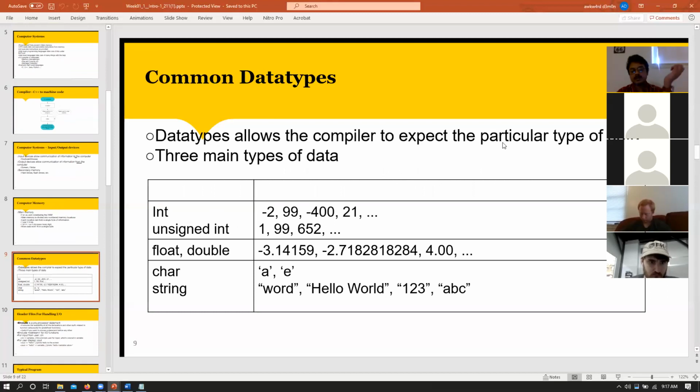So, as I said, everything in your computer system is represented in terms of numbers, right? So whenever you write a program, your computer needs to distinguish between types of values, because everything in your computer is represented in numbers. It has no idea whether you are talking about, let's say, the sentence hello world, which is also represented in terms of numbers, and some other set of numbers is also represented as numbers.